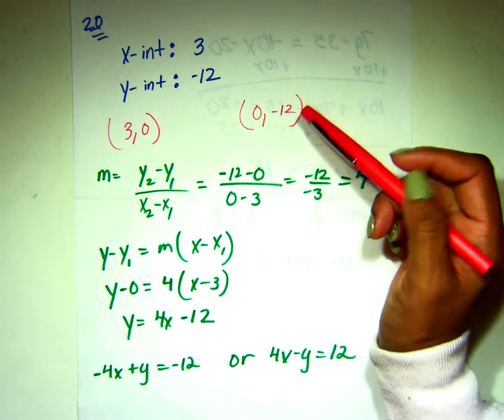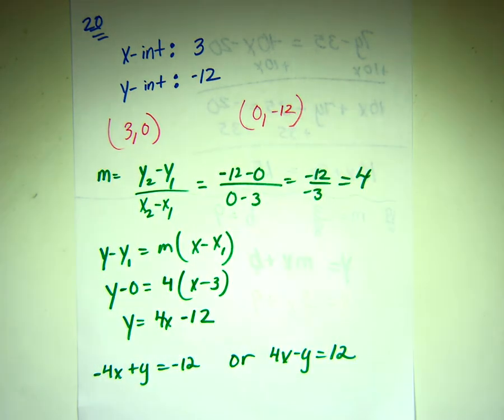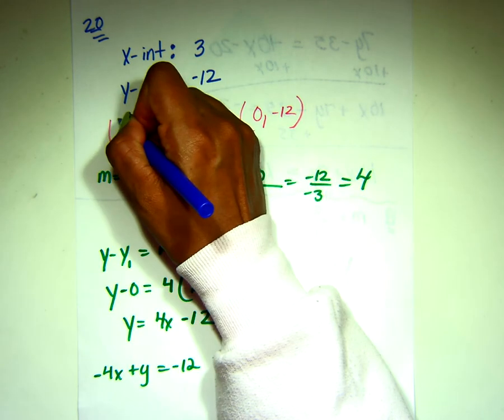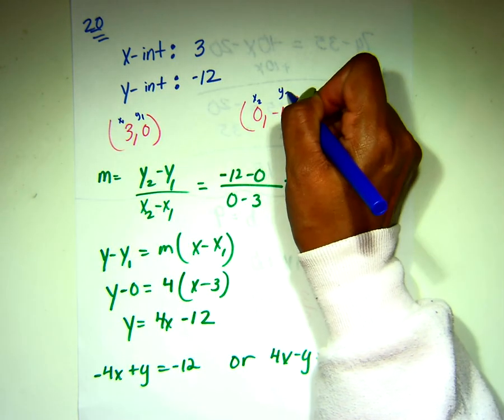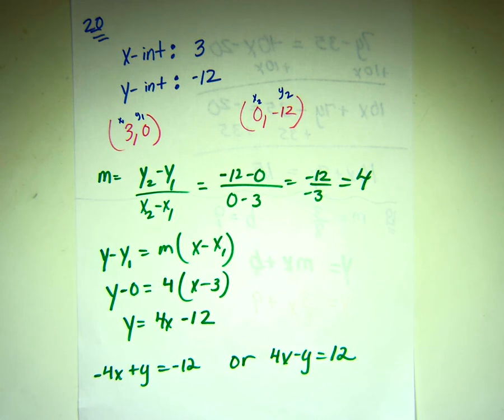Y-intercept is -12, meaning my x is 0. Once I figured that out, I substituted my points in. So let me label my points so we have a better idea of what I'm doing. So that's x1, y1, x2, y2. Substitute them in. Once I simplified it, I know my slope was 4.